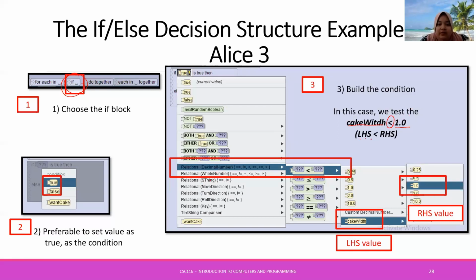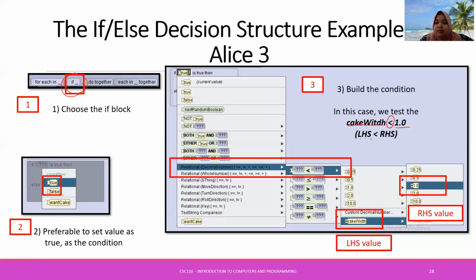So this is for the asting, benda dua benda tu, and so on. Nanti you boleh try and error. Okay, so relational decimal number, so klik kat sini you nak guna yang mana. Sama ada you nak guna less than or equal, more than or equal or not equal.